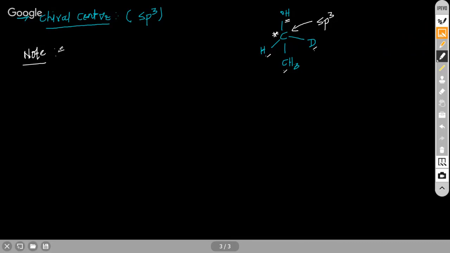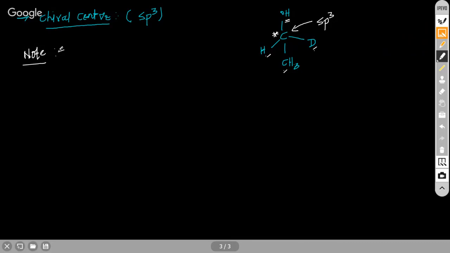Did you understand this point? For a given molecule, if you have to find out whether it is optically active or not, presence or absence of chiral center is not the criteria. But if you see that there is only one chiral center in the molecule, then you can say that the molecule is optically active.